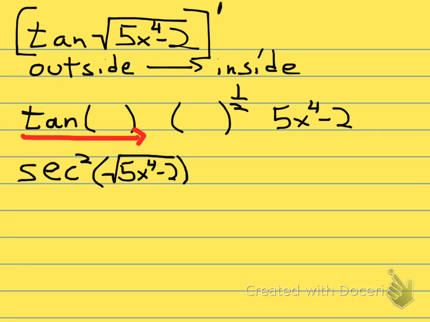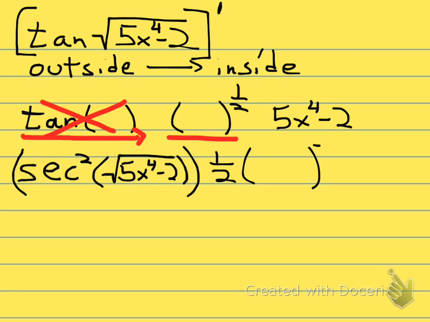Now I am done with this first function, and now I have to take the derivative of the square root. So I take the secant squared of the square root of 5x to the fourth minus 2. The derivative of the next part is 1/2 something to the negative 1/2. And what goes inside is everything else to the right, which is 5x to the fourth minus 2. Now I'm done taking the derivative of that middle part.